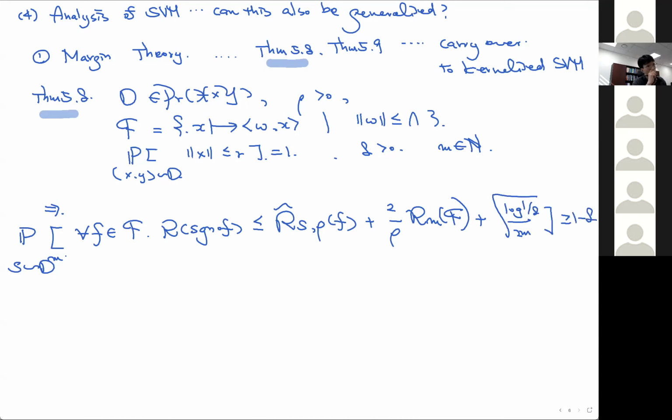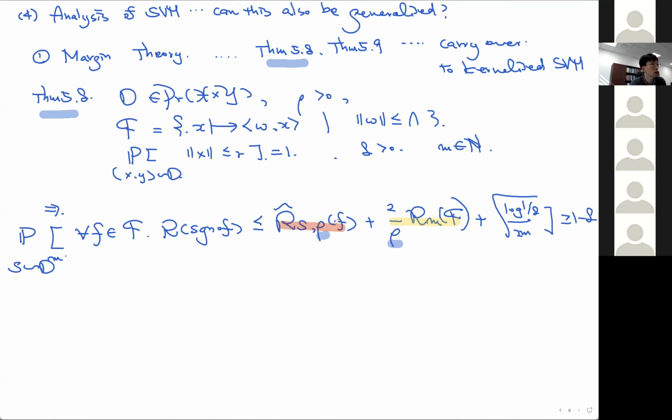So that was the form that we studied before. And this one, we said it's interesting because there is a rho parameter. If the rho parameter is large, then this second component will become small. But on the other hand, the first component, which corresponds to the empirical error part, will become large, and vice versa.